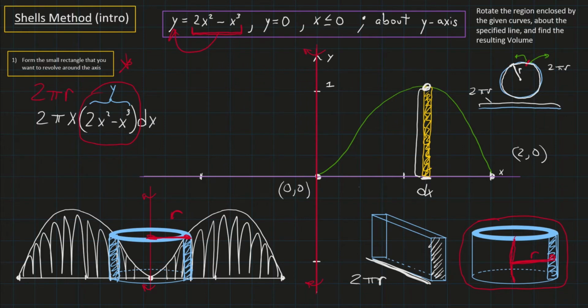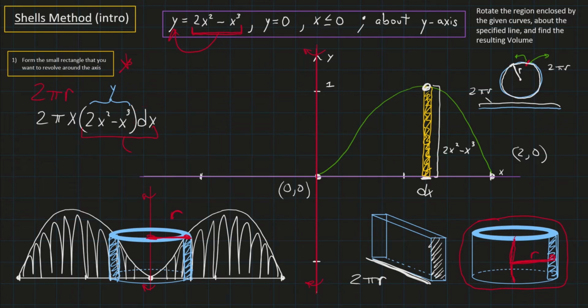That's dx. Because this is dx, of course, I can't simply write y here. I have to write that y in terms of x. Plug in an x, and it gives me the y. So they kind of mean the same thing. But of course I need x to be with this dx, so I can add up all these little cylindrical shells at the end.